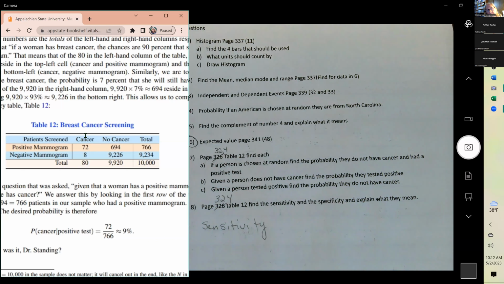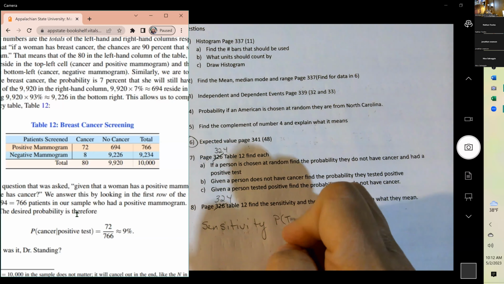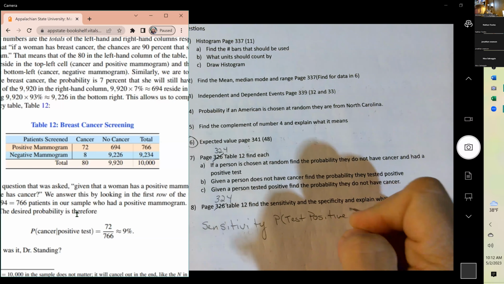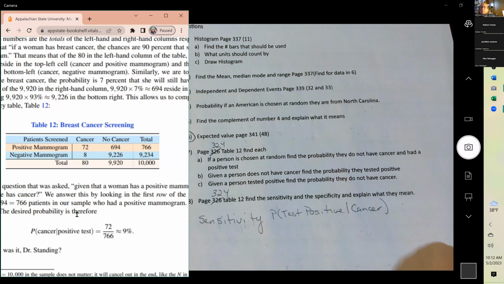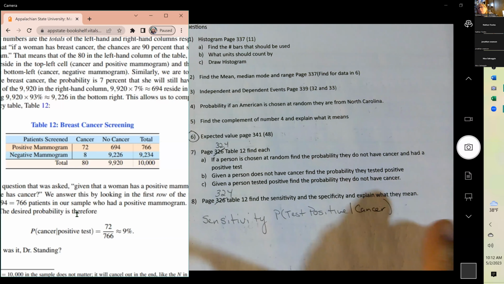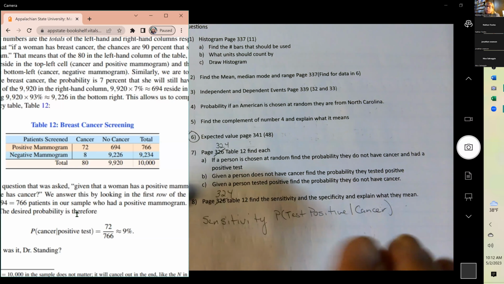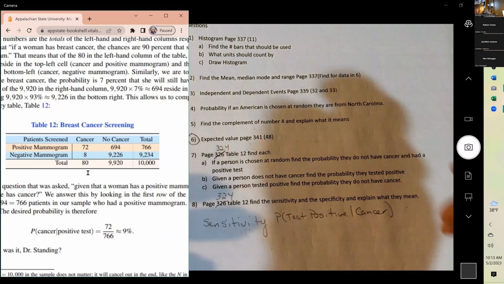It's the probability that you test positive given you have cancer. Let's find the probability first, and then we'll explain it. Given cancer is this column. Testing positive then is 72 out of the 80.